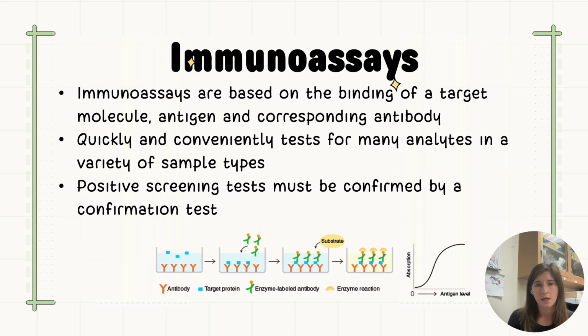If there is a substrate present, we're going to add that in. If the substrate is there, it's then going to form a complex with the labeled enzyme, and that's then going to stick to the antibodies. And then we read the absorption of this to determine the amount, the concentration of drug in the system.